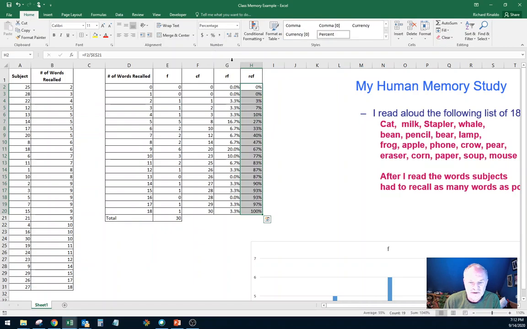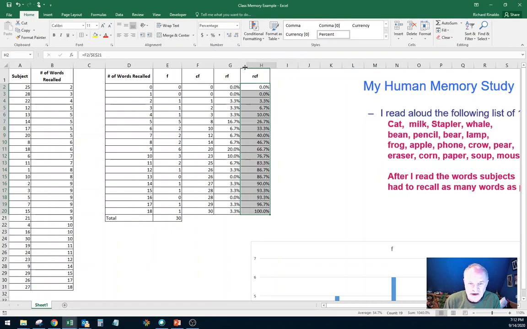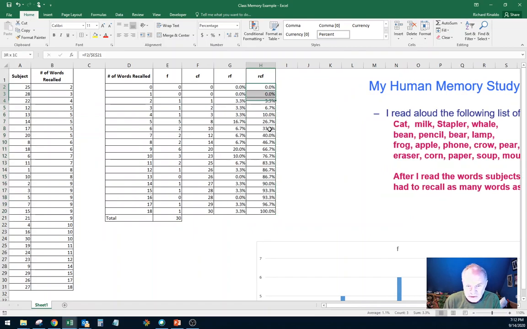So you can see here, in terms of relative cumulative frequency, the percentage of people who recalled 18 or fewer words, that's 30. And as a percent, 30 over 30, 100% of the people recalled 18 or fewer words.